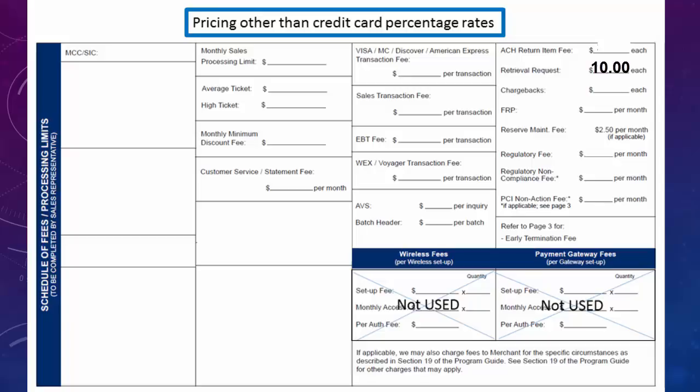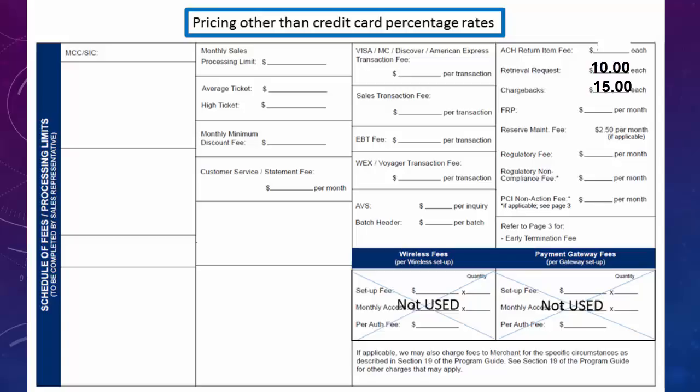Retrieval request and chargebacks are tied together. Retrieval request is the letter that's first sent out in the event a chargeback is initiated by a cardholder, and essentially it's requesting information related to that transaction. Then when it moves to chargeback, then a chargeback is what happens in the event the card processor determines that the merchant did not fulfill their obligations or that the cardholder has a valid reason for the chargeback.